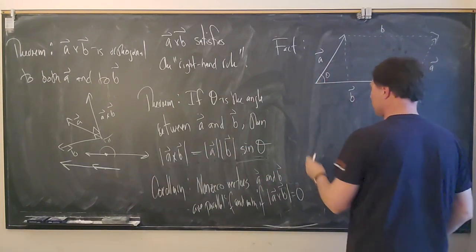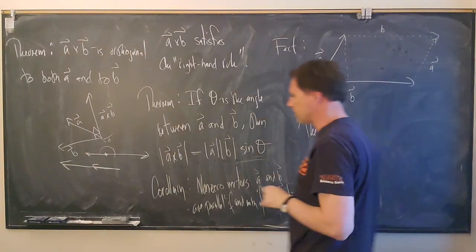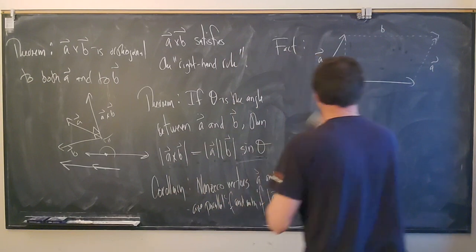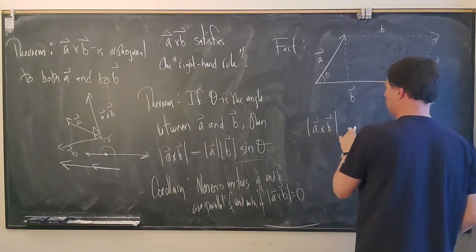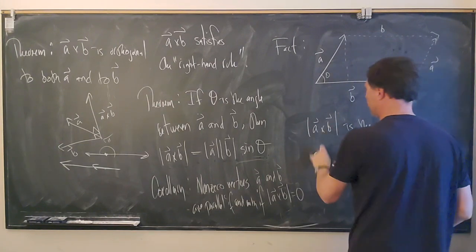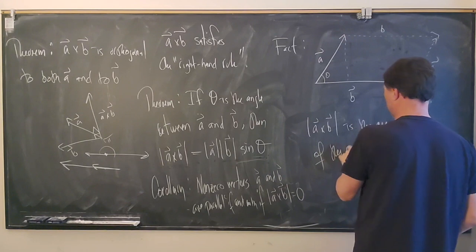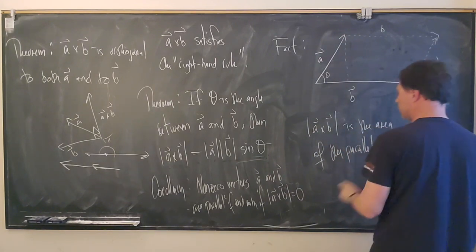So the fact is, the magnitude of A cross B is the area of the parallelogram determined by A and B.